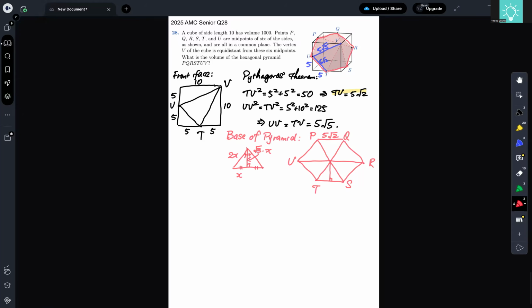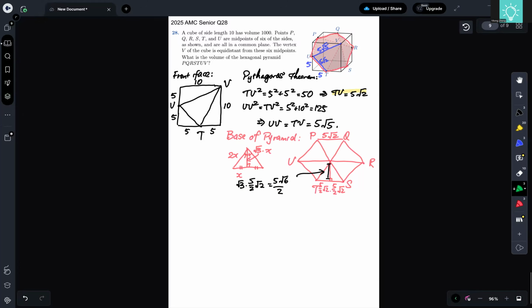Right now, 2x is equal to 5 root 2, so x is 5 on 2 root 2. And this is square root of 3 times x, so the length of this side is square root of 3 times 5 on 2 root 2. And that is going to be square root of 3 over square root of 2, which is square root of 6, so 5 root 6 on 2. That is the height.